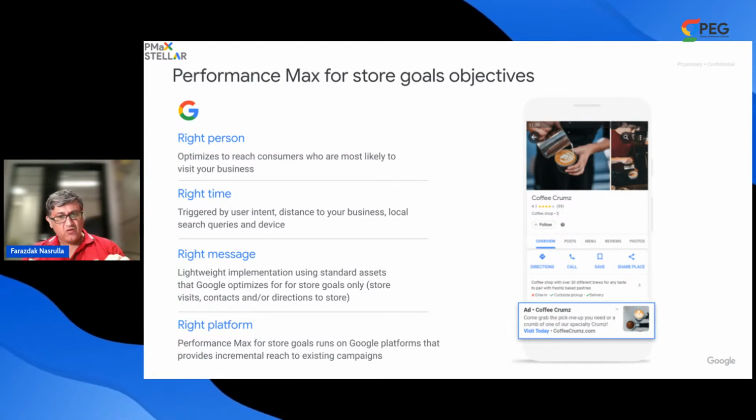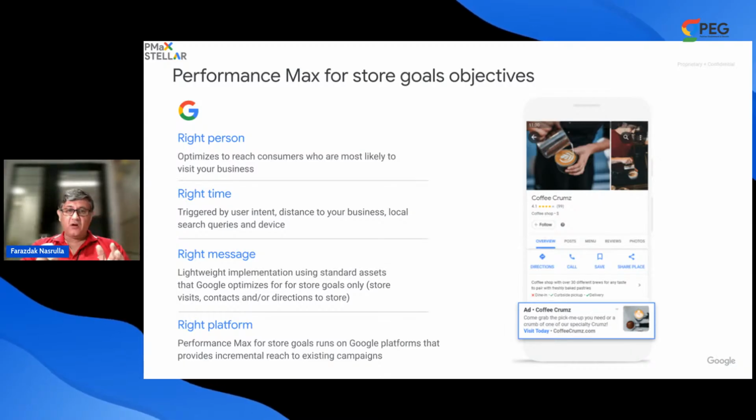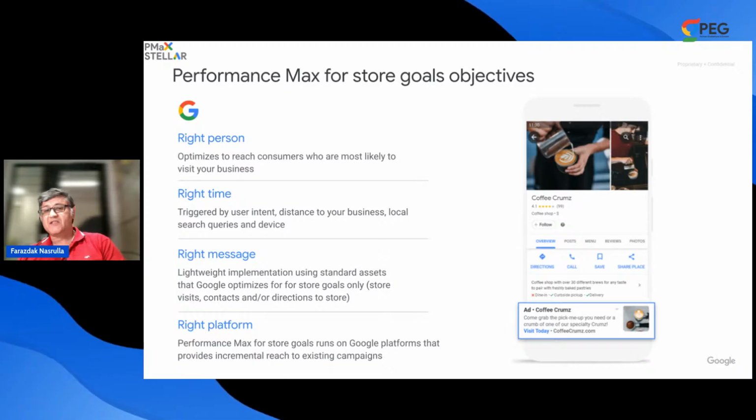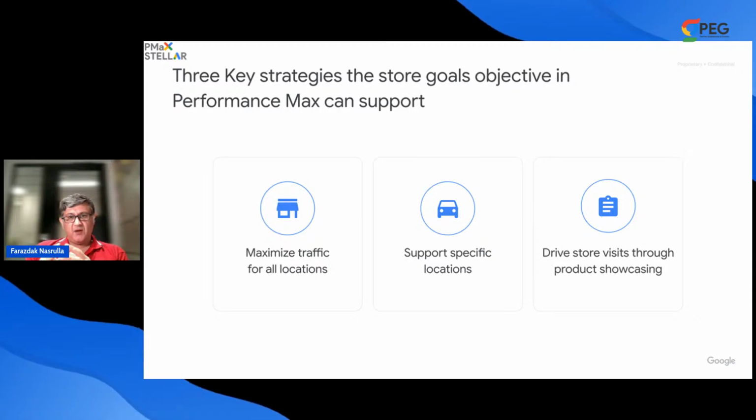Performance Max for store goals runs on Google's platform that provides incremental reach to existing campaigns, the right platform. So, store business, do not forget to optimize your Google My Business listing. Very important.